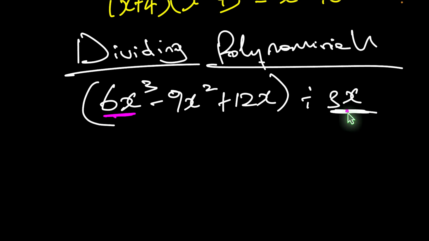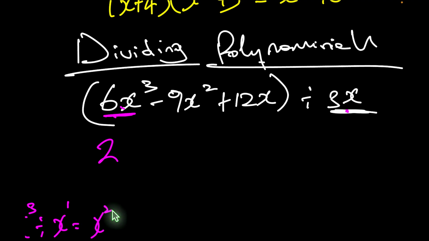So let's say 3x into 6x cubed. Just do 3 into 6 first, that's just 2. And if we divide x cubed by x, let me put that one side for you. When we do x cubed divided by x, just think of x to the power of 1. It's the same as us just subtracting 1 off each of these powers. So that's just going to be x squared.